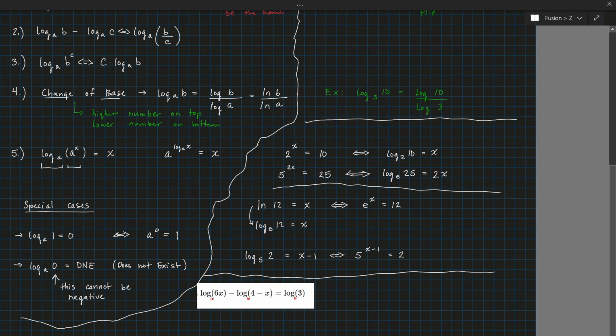So for the first one, we can use the second rule, this subtraction rule. If we have two logs of the same base and they're subtracting, then it becomes log of b over c.